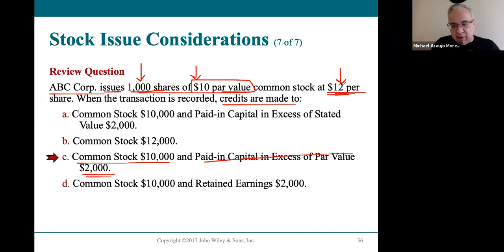So $2 extra times 1,000 is the 2,000. So that's why in this slide, C is the correct answer, because whatever amount of cash they raised, that's debited to cash, that's easy. The crediting part is where you're splitting it into par value for common stock, and then whatever's left over goes into paid-in capital.